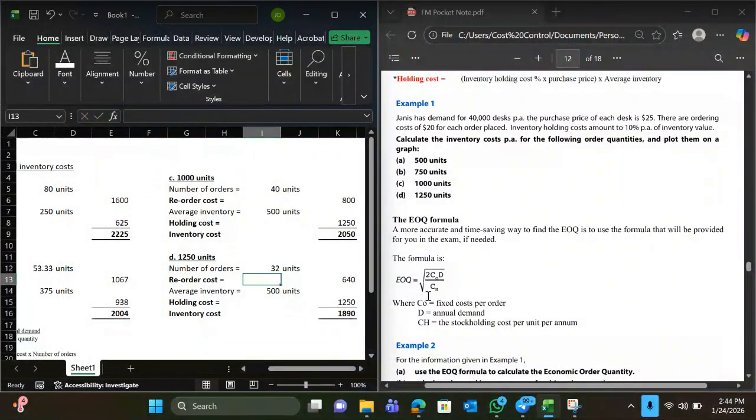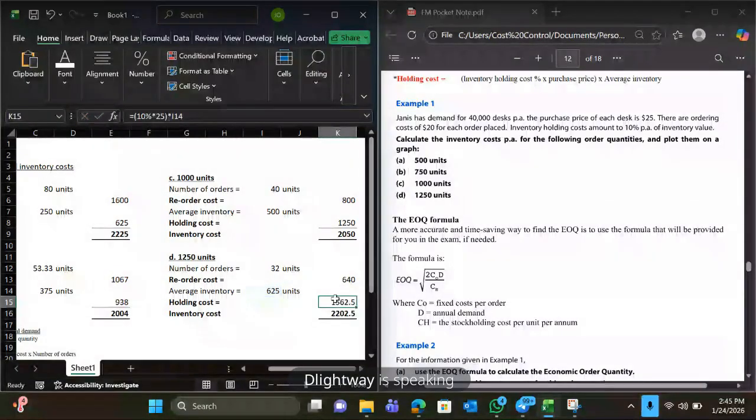It gives us this. The reorder quantity, I think it's correct. Yes, it has calculated on its own. The average inventory is going to be 1,250 divided by 2. So basically, this is what it is.